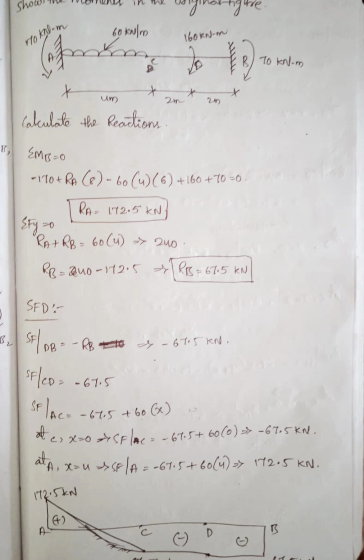Between AC the equation is minus 67.5 plus 60 into X. At C, that is X equal to 0, shear force at C equal to minus 67.5 plus 60 into 0, that is minus 67.5. In the same way at X equal to 4, that is at A, the shear force at A equal to minus 67.5 plus 60 into 4, that is 172.5 kilonewton. So from these values we can draw the shear force diagram.